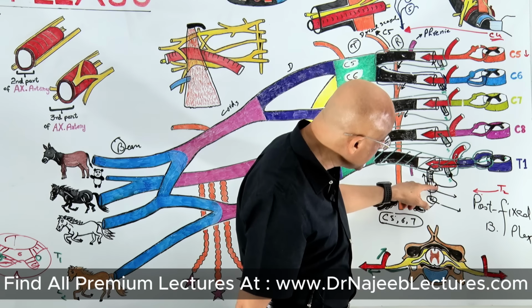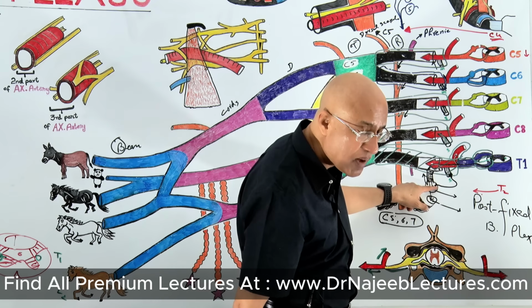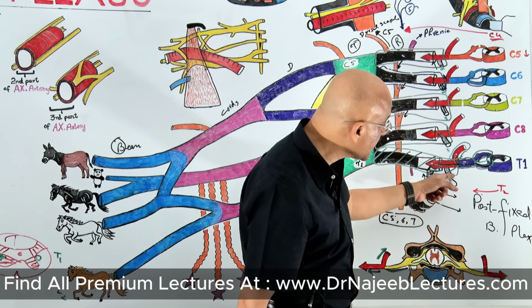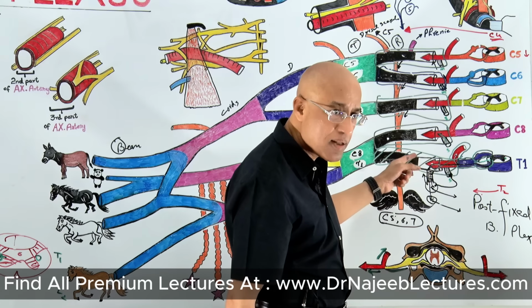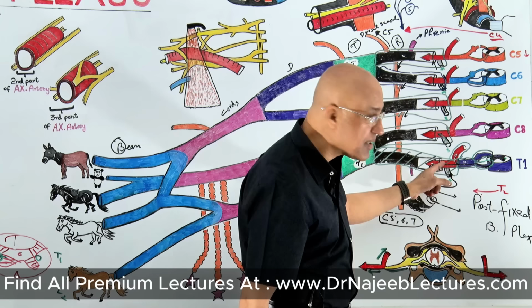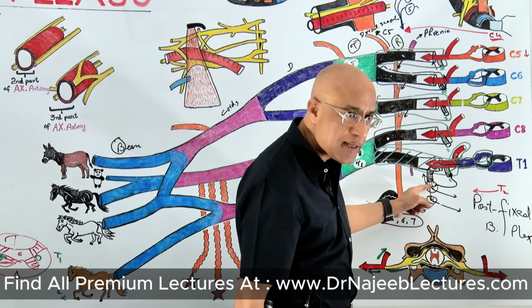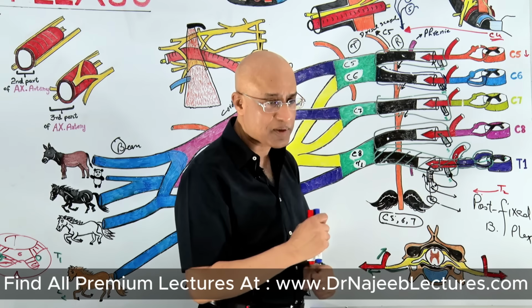These second order or postganglionic neurons, which are less myelinated, make a bundle, and that bundle takes these postganglionic neurons back to the ventral ramus. Because they are less myelinated, they are called gray ramus or gray rami communicans.